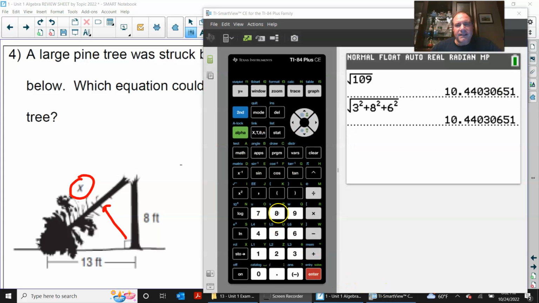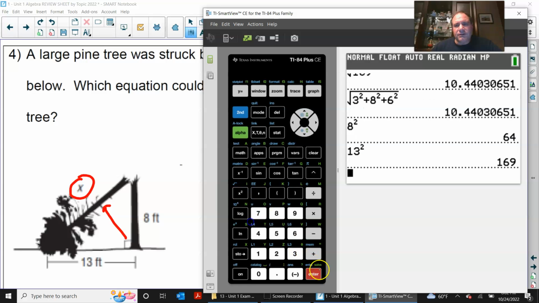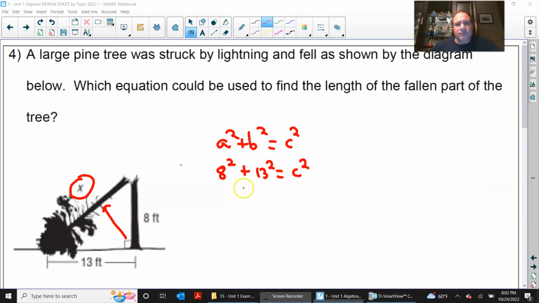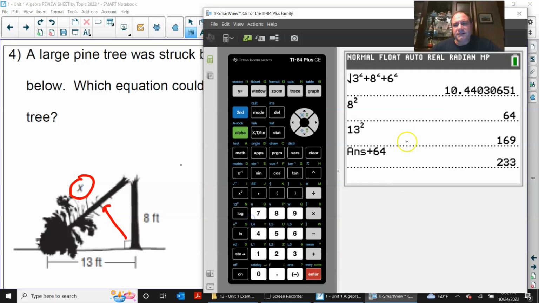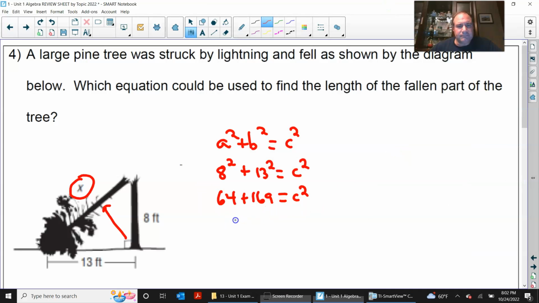So we're going to have 8 squared, which we know is 64. 13 squared, we know is 169. So 64 plus 169 equals c squared. And you add 64 and 169 together, you get 233 equals c squared.